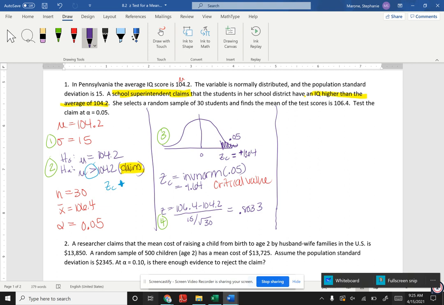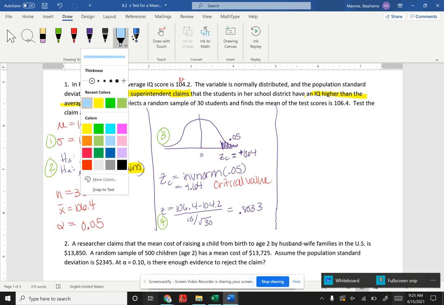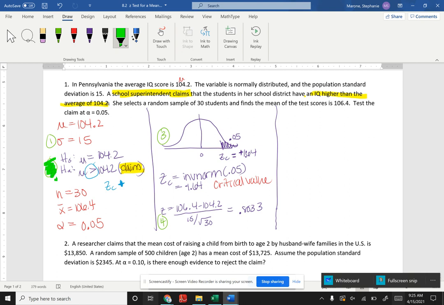So just to pause for a minute, step 1 was to find the population standard deviation. Step 2 was to state the hypotheses and label the claim. Step 3 was to draw the sampling distribution and find the rejection region based on the critical value.